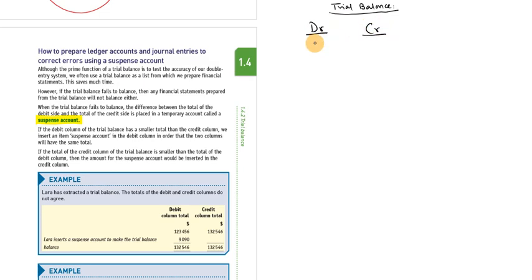For example, we are recording multiple entries related to debit and multiple entries related to credit, and the total of the debit side is, for example, 900, and the credit side total will be 1000.